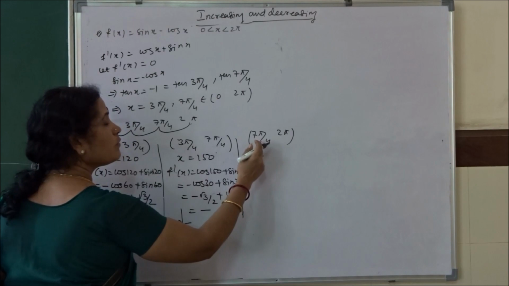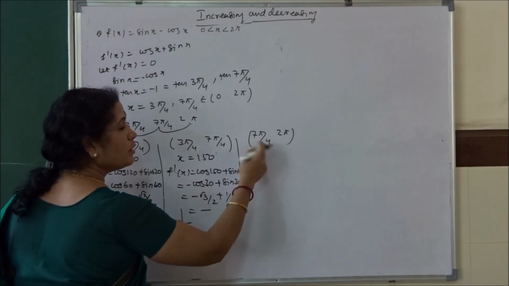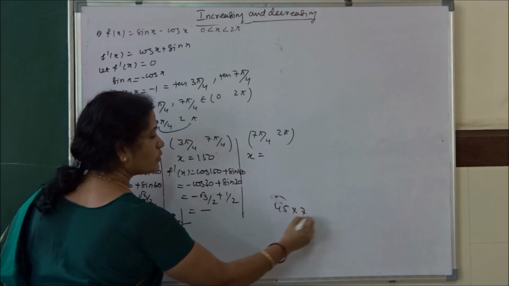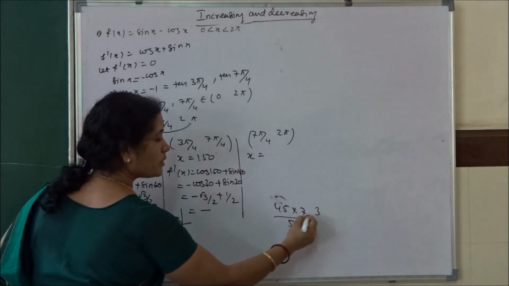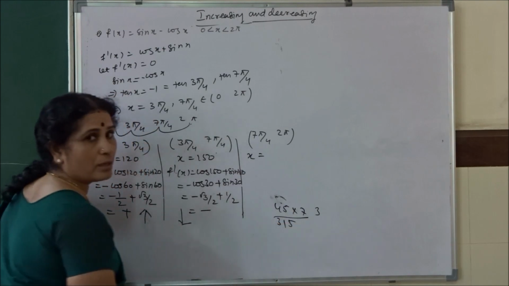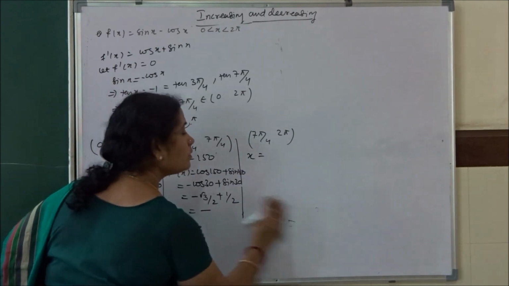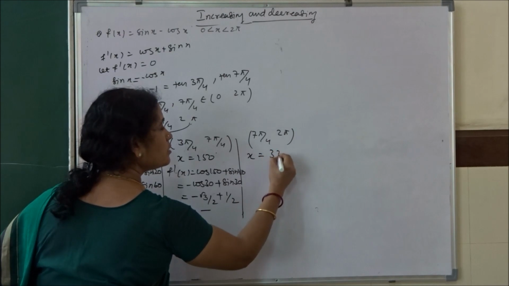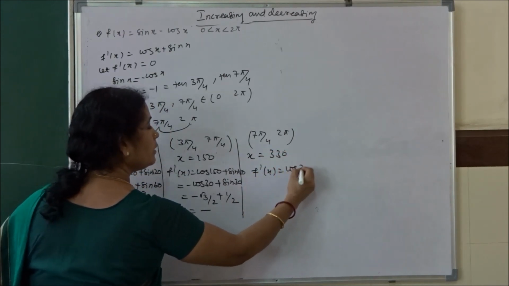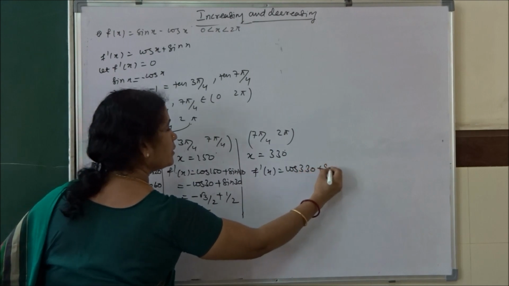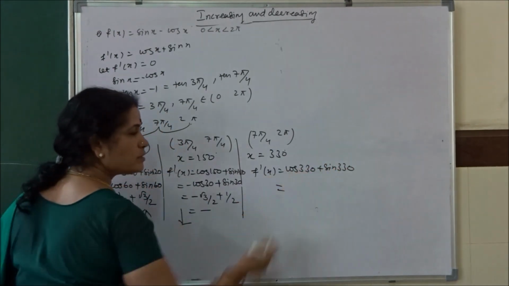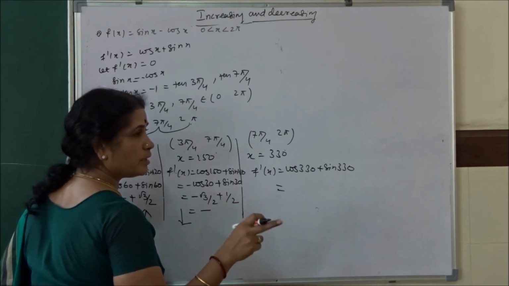Now for the last interval, 7 into 45, how much is that? It is 315. So after 315 I am taking 330. Now f dash of x equals cos 330 plus sin 330. Cos of 360 minus 30, which quadrant?